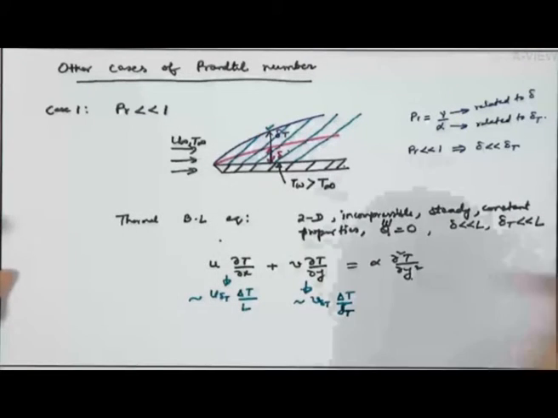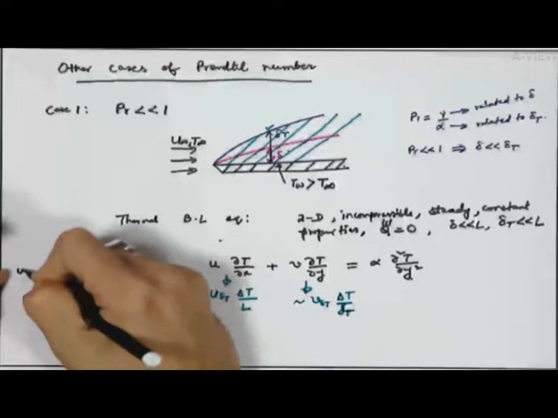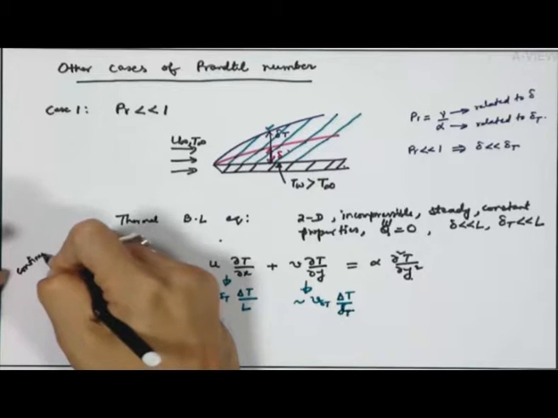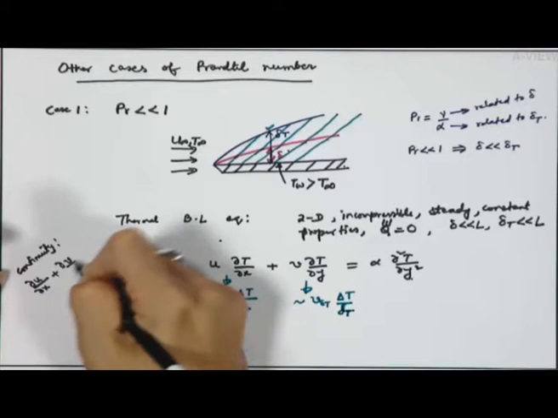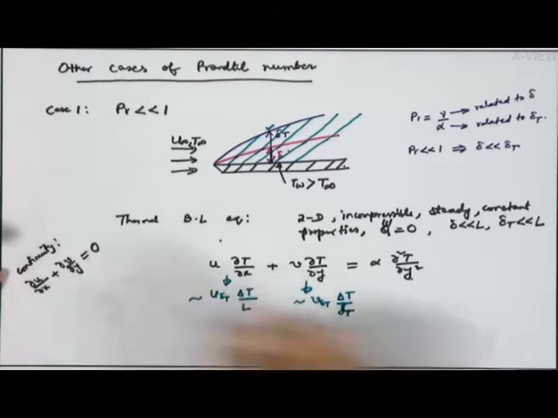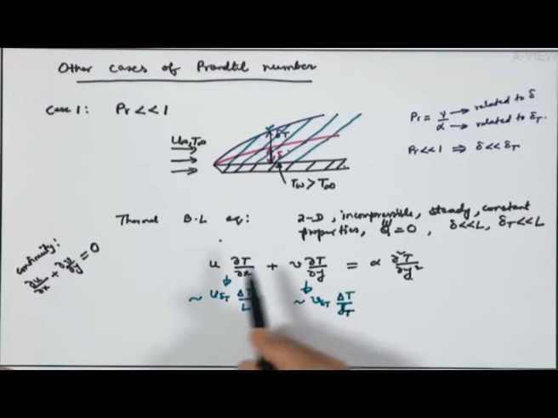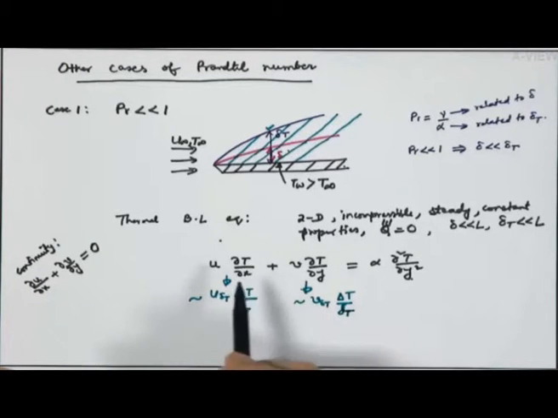Now, if you write the continuity equation, del u del x plus del v del y equal to 0, you apply this continuity equation within the thermal boundary layer. This is very important. Do not apply the continuity equation within the hydrodynamic boundary layer, because our domain of analysis for the thermal boundary layer is the thermal boundary layer, not the hydrodynamic boundary layer.